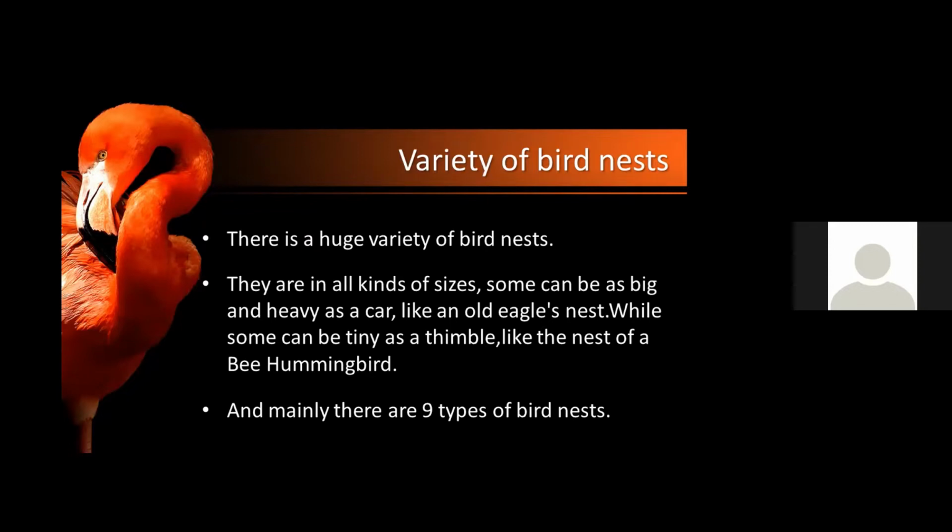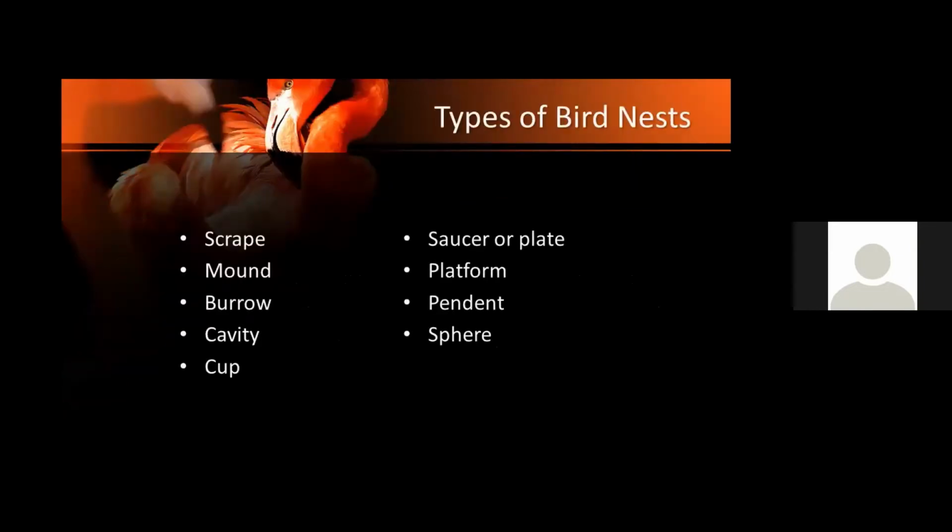And there are 9 types of bird nests. Let's see the types of bird nest: scrape, mound, burrow, cavity, cup, saucer or plate, platform, pendant, and spear.